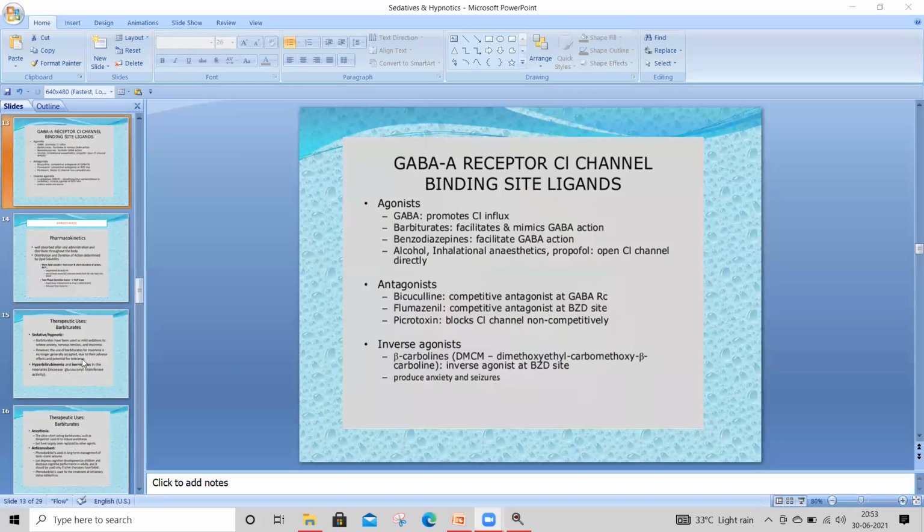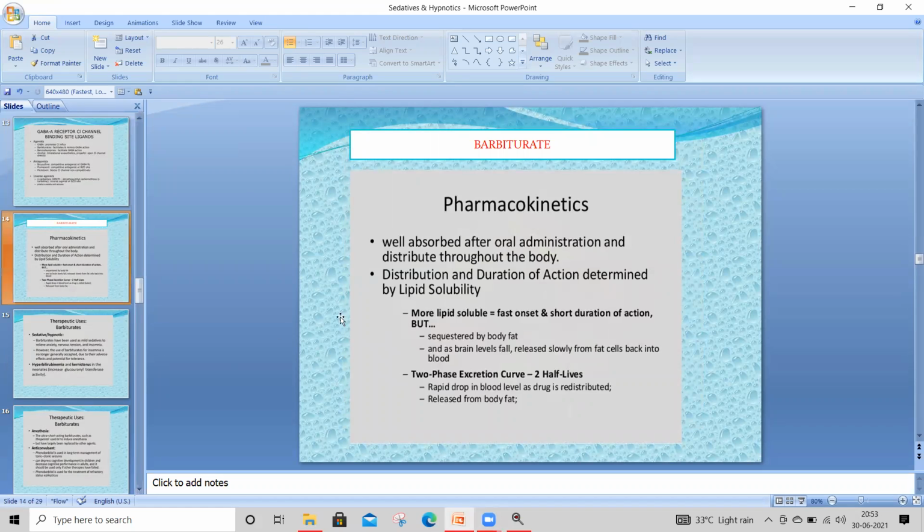And again, you have to know the pharmacokinetics. The pharmacokinetics means you have to know absorption, distribution, metabolism, and excretion.